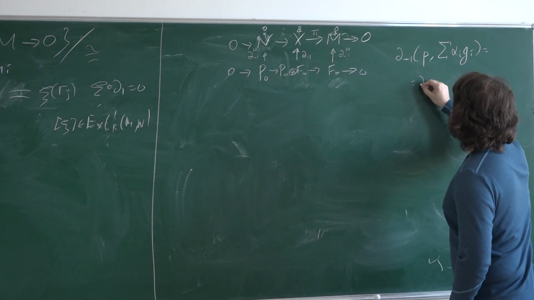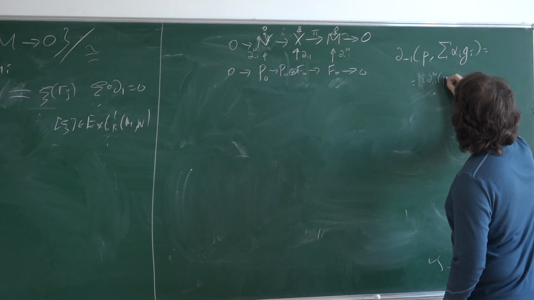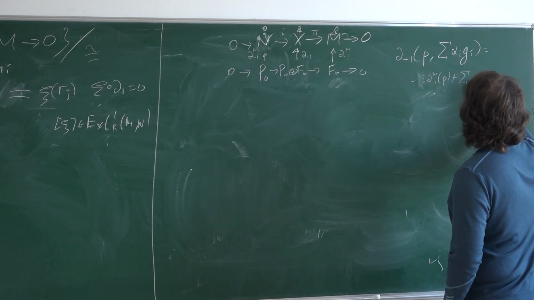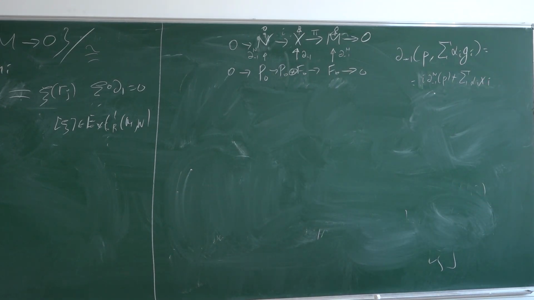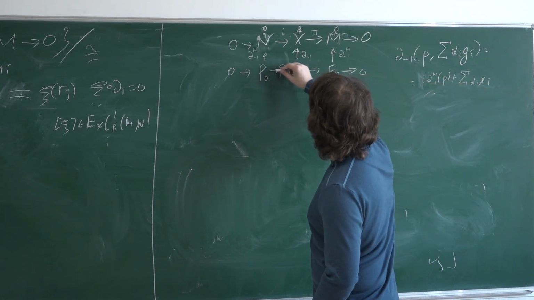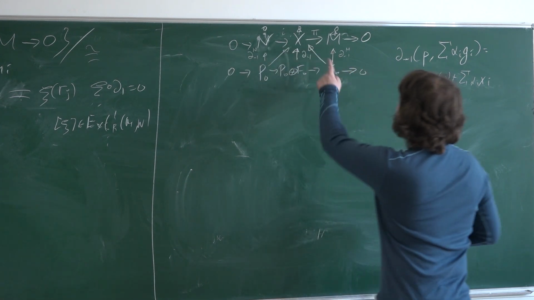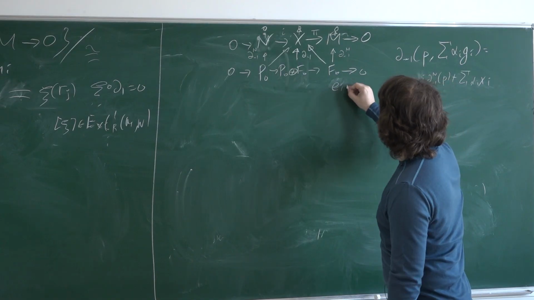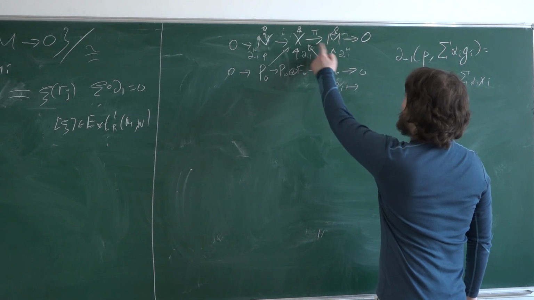Okay, this is the composition i, d_{-1}^N of pi plus alpha e xi. This is just a composition. And this is the lift. I have element e_i, it goes to some element in X, which goes to m_i under the projection.